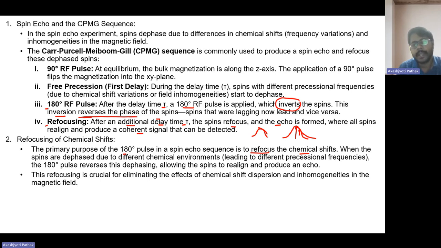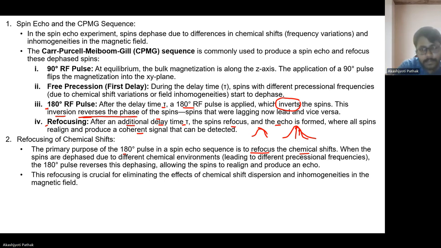So when I give a delay and cause a reversal, they will automatically come together. At that time my recorder and detector will be active, so it will automatically record that increased signal upon the nuclear spins becoming coherent.